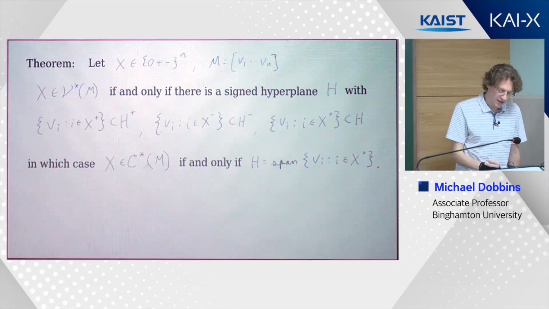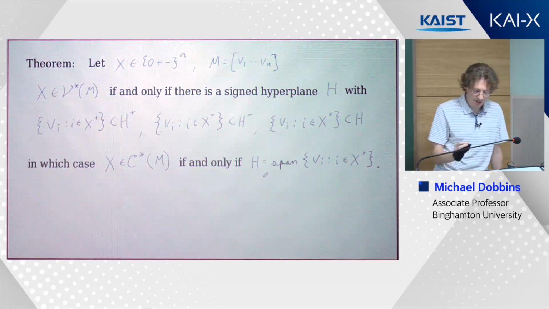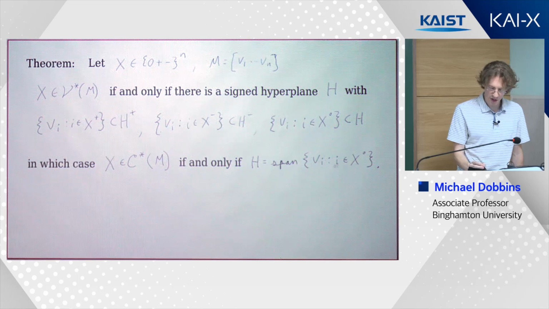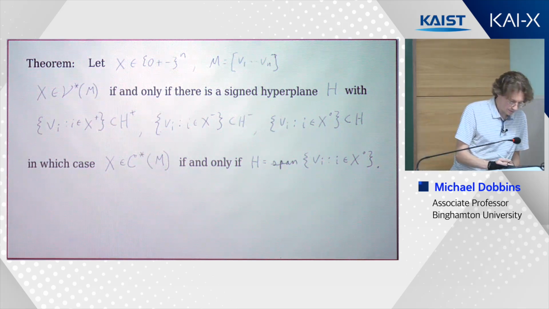And then we have it as a circuit if that hyperplane is actually the span of the vectors, the columns of the matrix corresponding to the 0 entries. So you can see that from the picture.